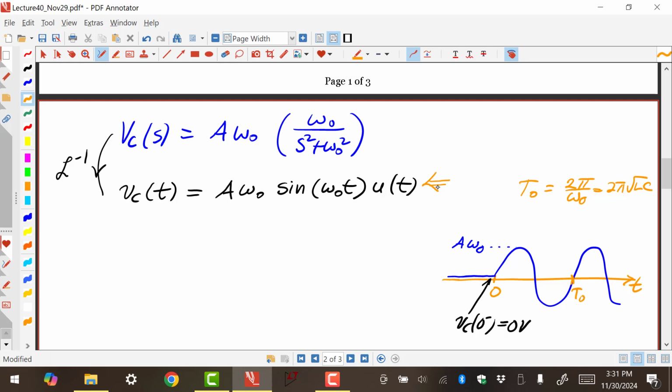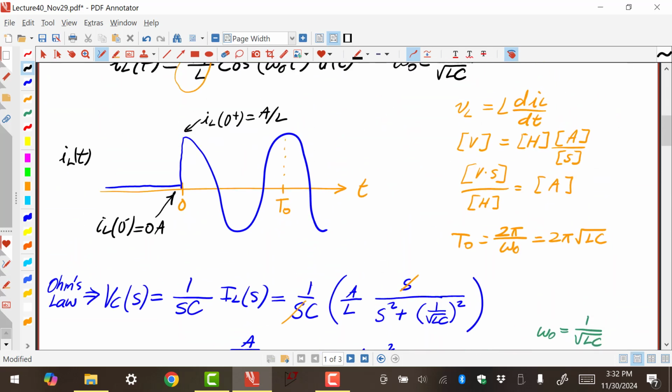So the capacitor voltage is actually continuous. So in the impulse response of the series LC circuit, capacitor voltage is continuous. Inductor current is not. Inductor current jumped. You can see how it jumped from 0 to A over L.